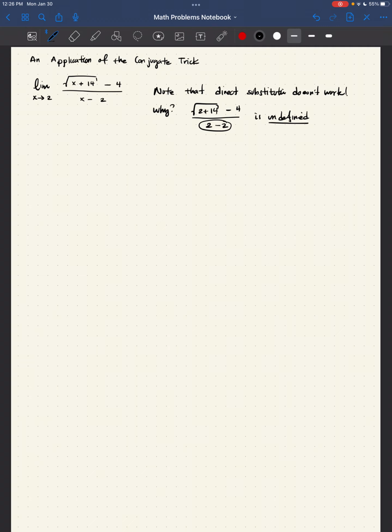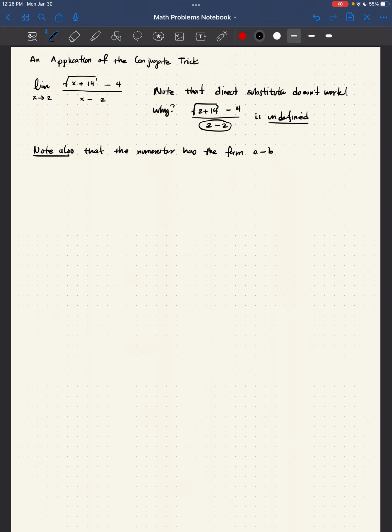Well, what can we do? Look, note also that the numerator has the form a minus b.